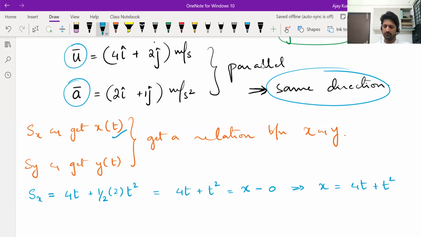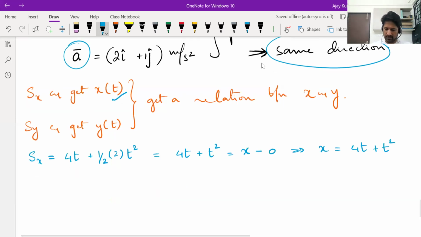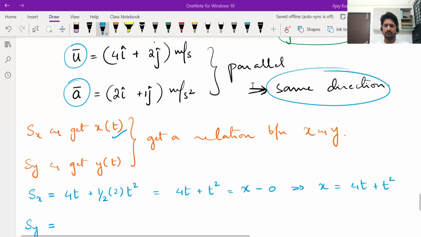Okay. Yusuf, can you tell displacement in the y direction? Or Aishwarya, can you tell? Fine.